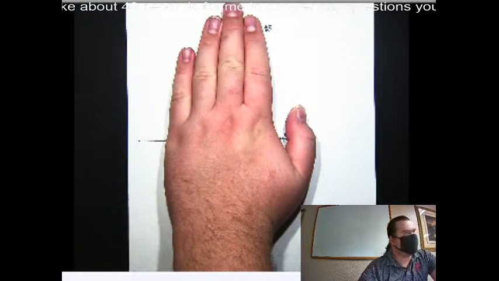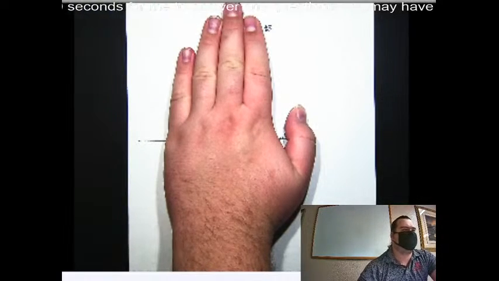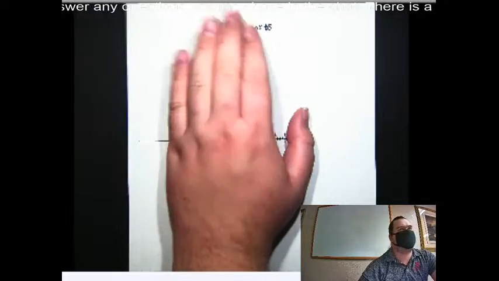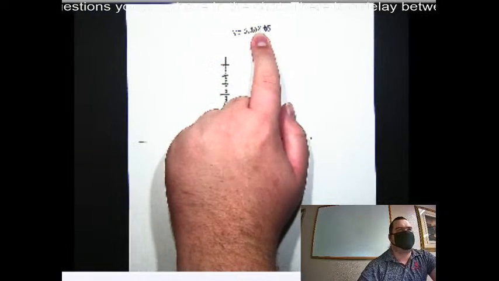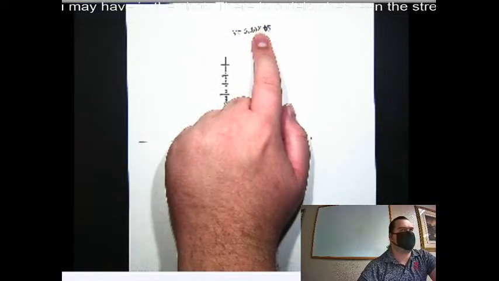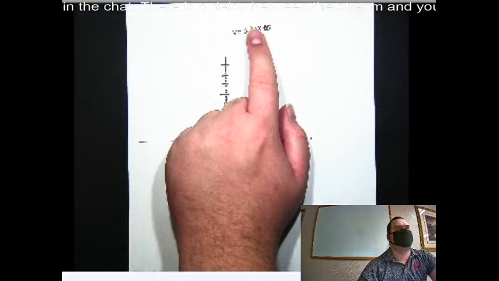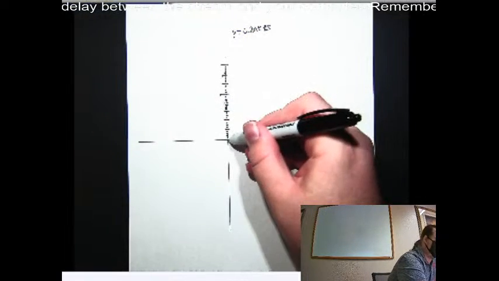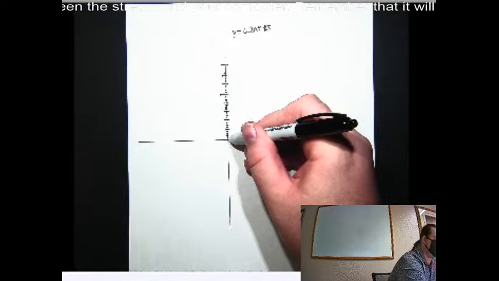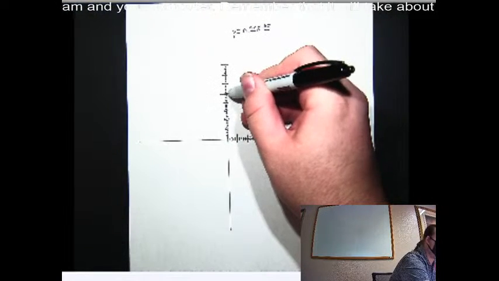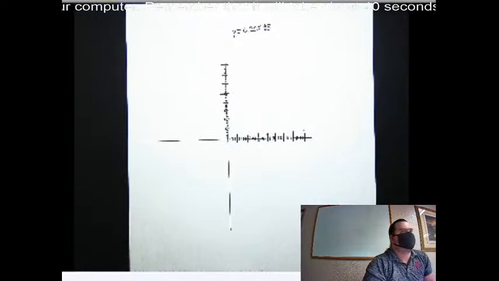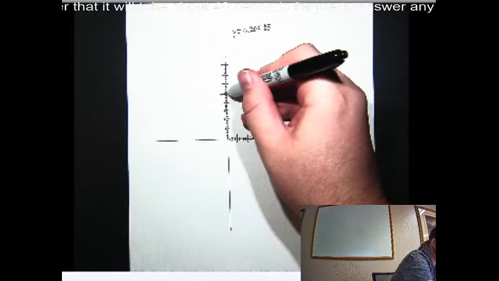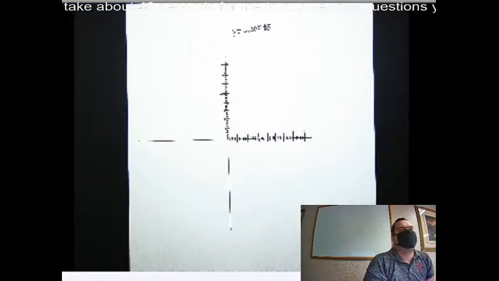Again, this number right here is where the graph crosses the y-axis. Another way to think about it is, if we plug in 0 for x, 0 times 0.2 is 0, 0 plus 25 is 25. So 0 for x is right here, 25 is right here. There's our first point. It's kind of hard to see, but right there.